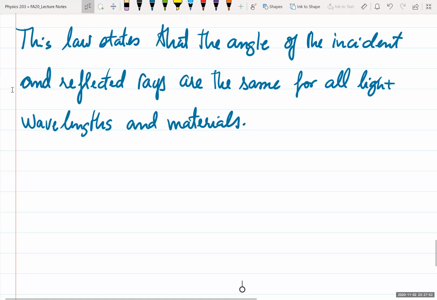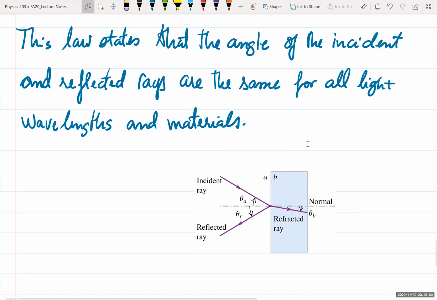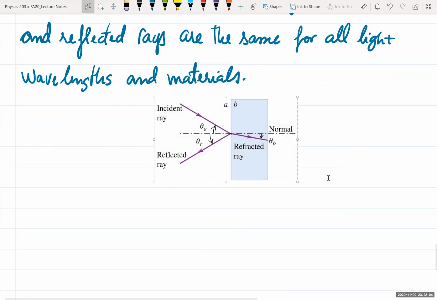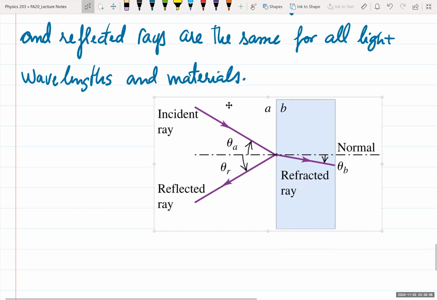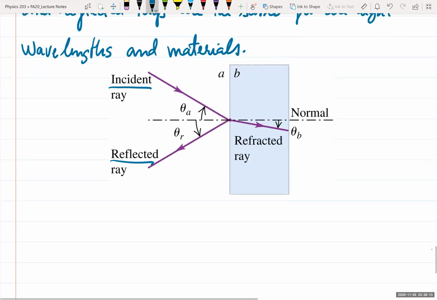Okay, so let me bring you a picture here. Here is your incident ray, here's your reflected ray.